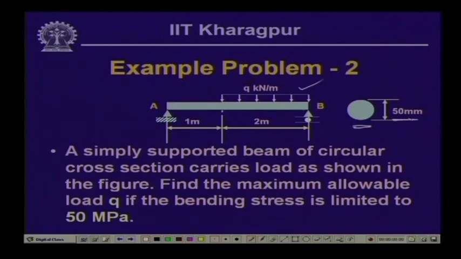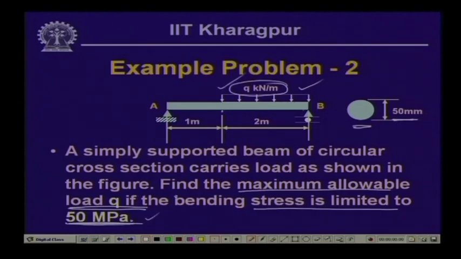Now, what we need to find is the maximum load Q that can be applied on this beam so that the bending stress is limited to 50 megapascal. So, here we will have to find the value of the load Q so that the stress does not exceed 50 megapascal.